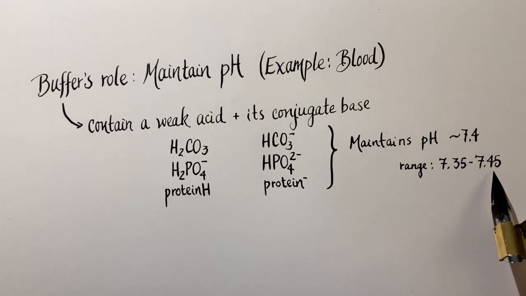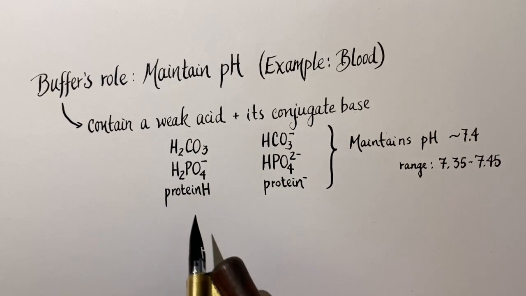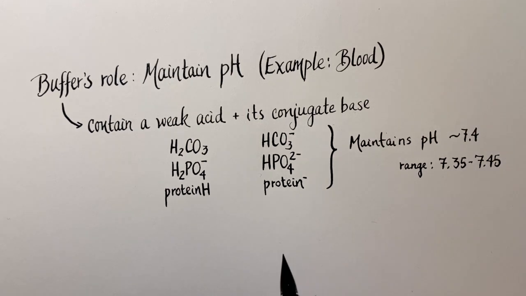And same with going above 7.45, you get alkalosis. Again, very detrimental to your physiology. So we need to stay in here. So thank goodness we have all these different systems working together for us to maintain our pH. Okay.